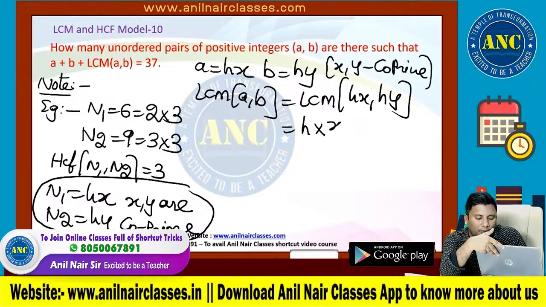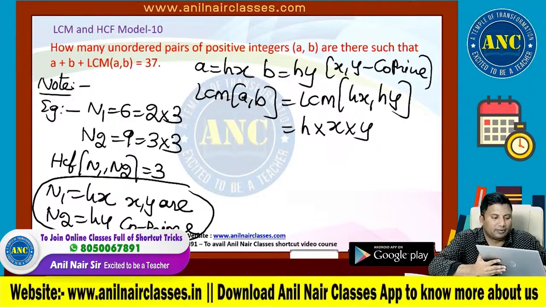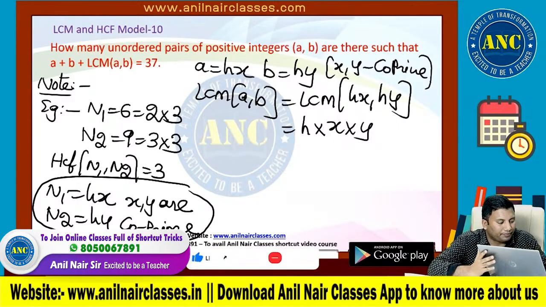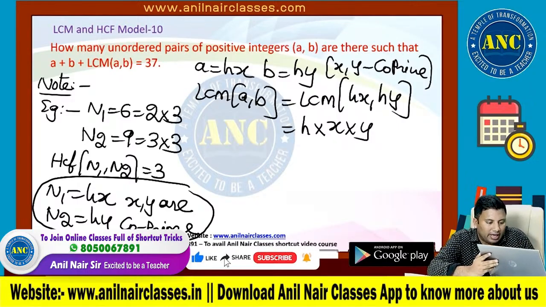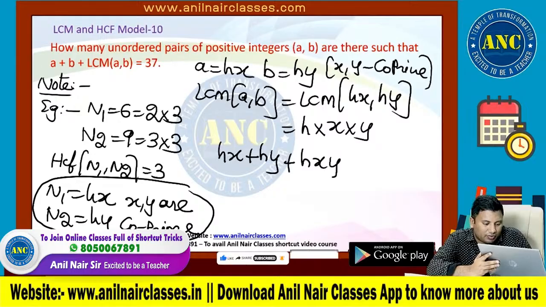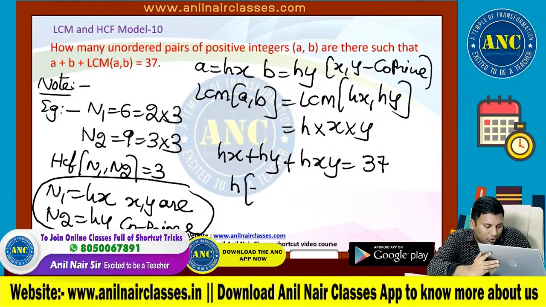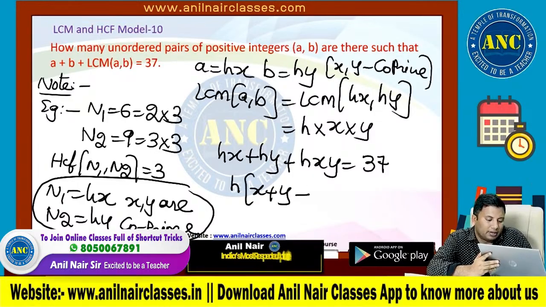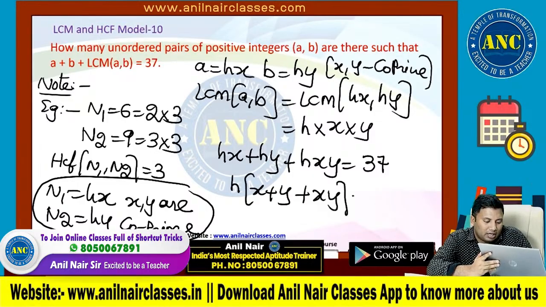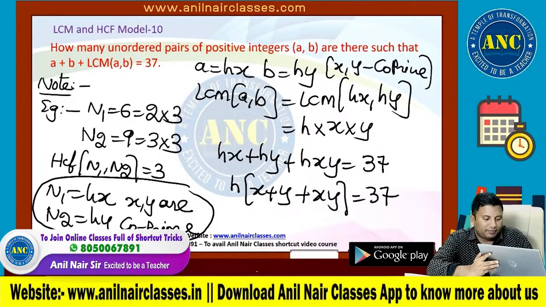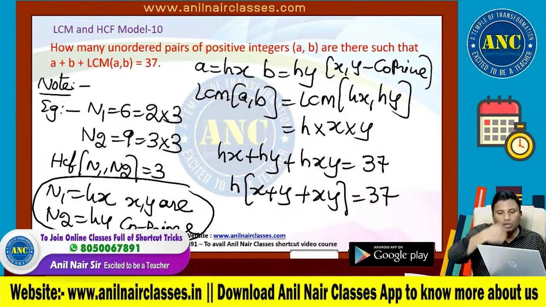LCM of co-prime is their product. Listen carefully, sir. 2 questions I will solve. So A is Hx, B is Hy. This is Hxy equivalent to 37. H into X plus Y plus Xy equivalent to 37. Till here clear, right?